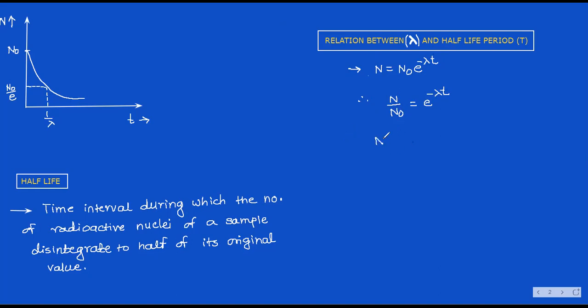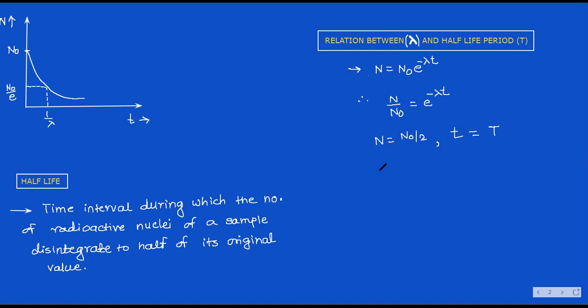Now N is equal to what here? N0 by 2, because the initial number of nuclei is N0. As I told in the example, 100 nuclei were there and later how much was left? Only 50. So that is nothing but 100 by 2. Therefore N is equal to N0 by 2, and here small t is equal to the half-life, that is T. Then let's substitute.